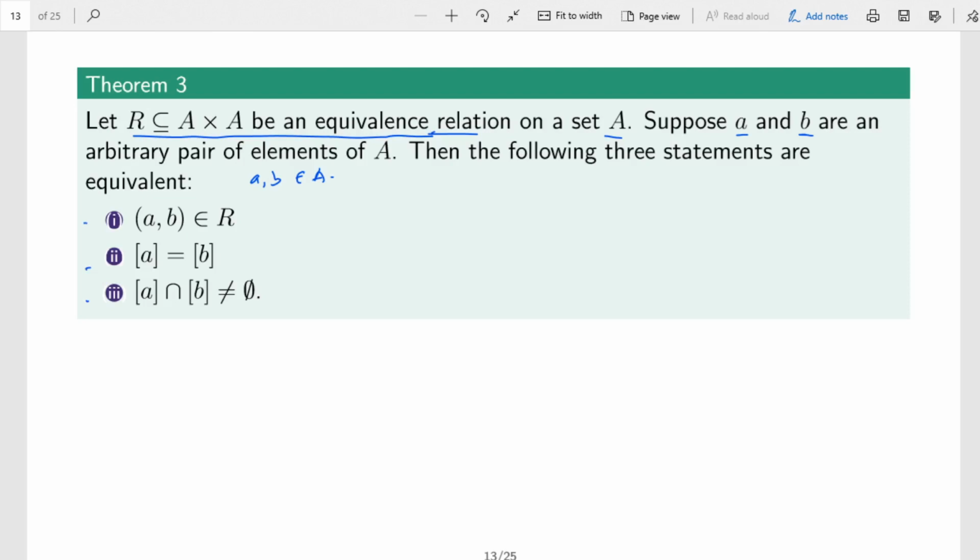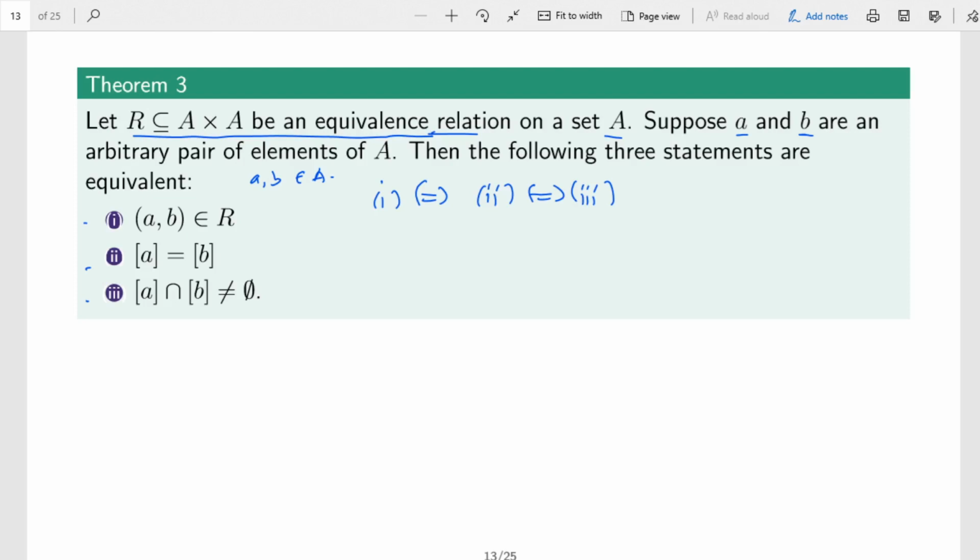1, 2, and 3. We want to show that these three statements are equivalent. The first one is a is related to b by R. The second one is the equivalence class of a is the same as the equivalence class of b.